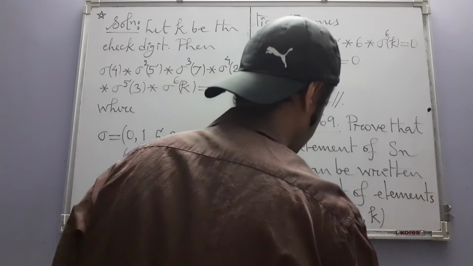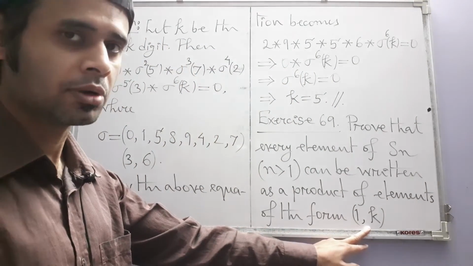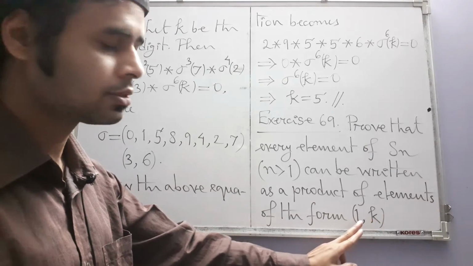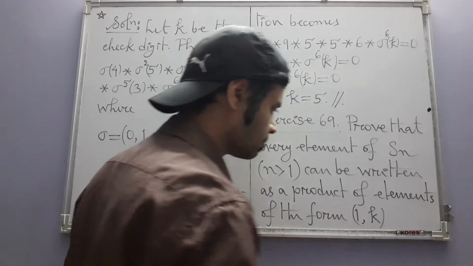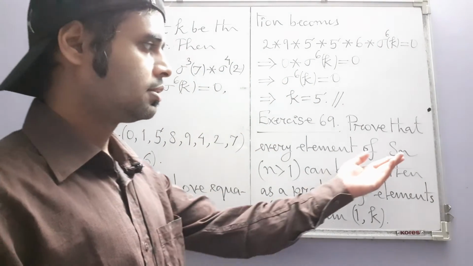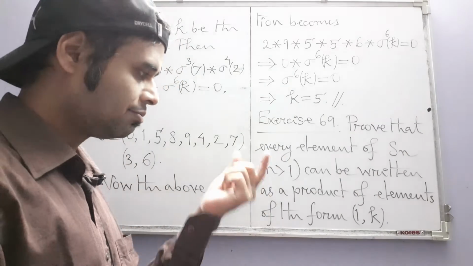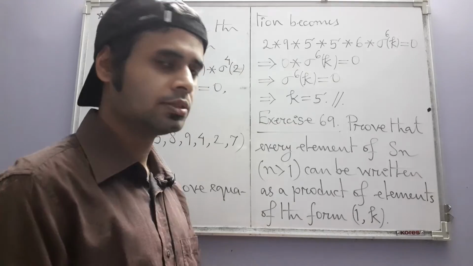In the text, of course, it's given as 1k, but because I have decided to use commas to separate the symbols in order to avoid any confusion, I am writing it as 1, k. That is, we have to prove that in the symmetric group Sn, every element can be written as a product of elements of this form.